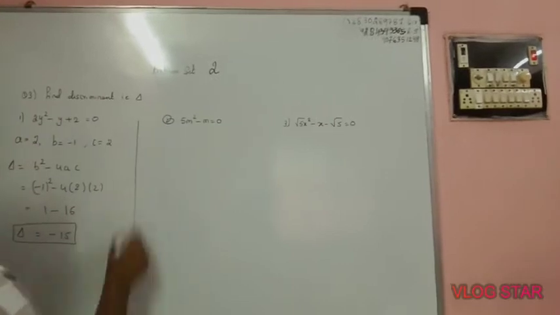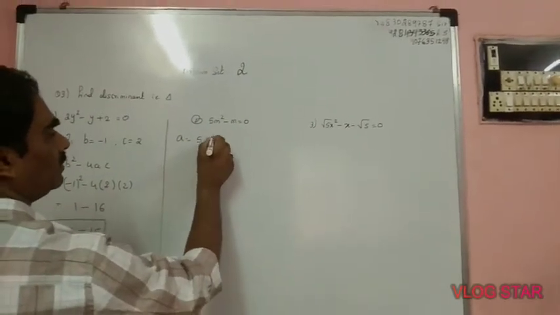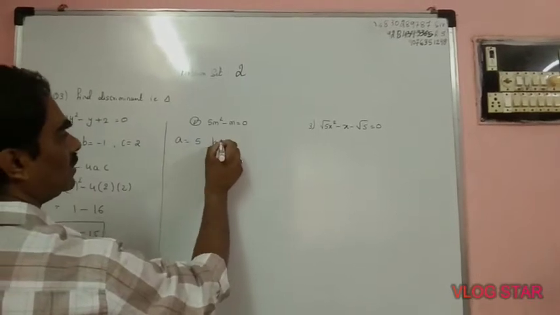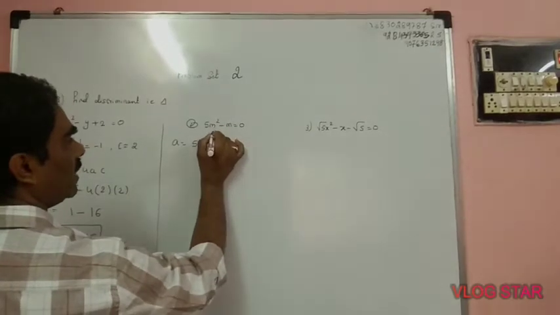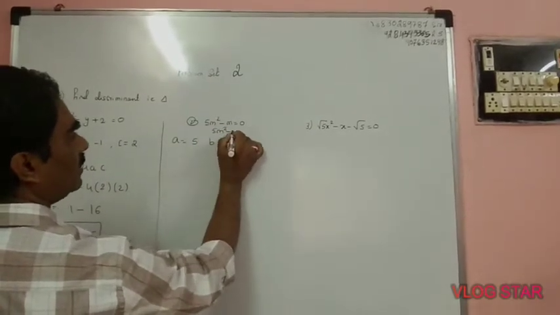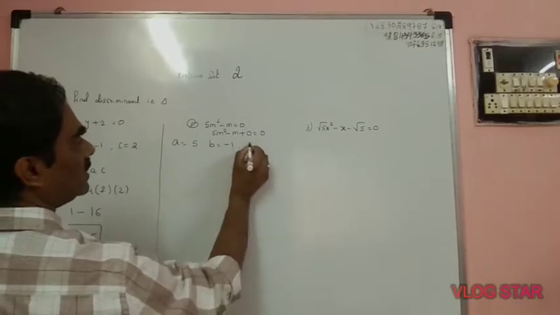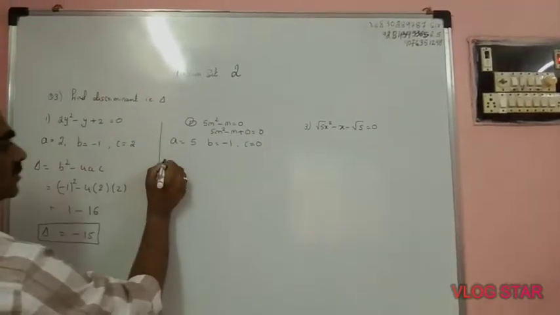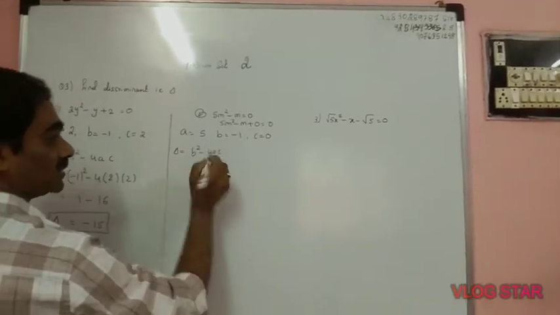Now, then we are going to find what? The second one. A की वैल्यू क्या है? 5. Correct? B value is what? Minus 1. And C. इधर first arrange करो. 5m square minus m. Third term is not given, put 0. Correct? And C is what here? 0. So find what? Delta. B square minus 4ac.